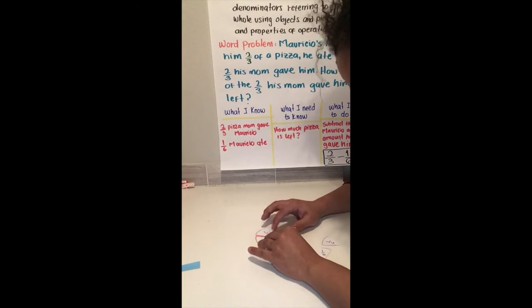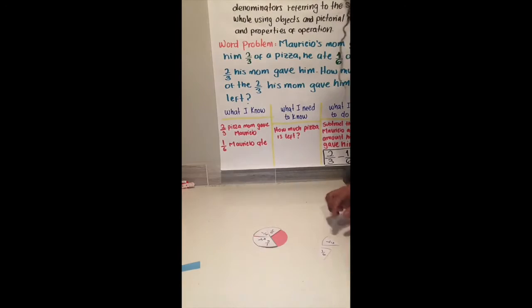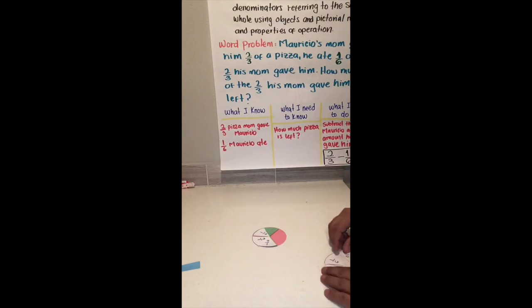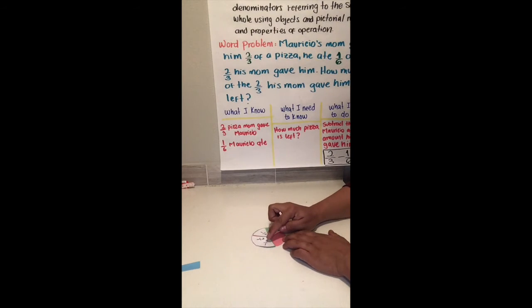So 2/3, guys, is the same as, or is equivalent to, 1, 2, 3, 4, 4/6. Okay, so now I have 4/6, which is equivalent to 2/3. So what do I have to do to solve this problem? Well, Mauricio ate 1/6, so let's go ahead and take 1/6 away. If I took 1/6 away, how much do I have left? Let's count. 1, 2, 3 sixths.